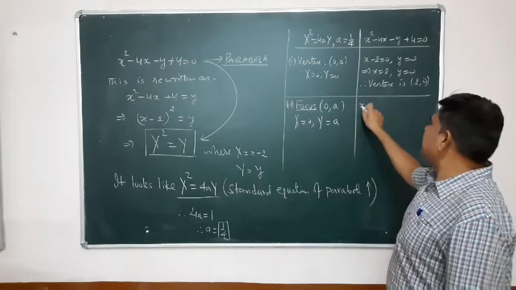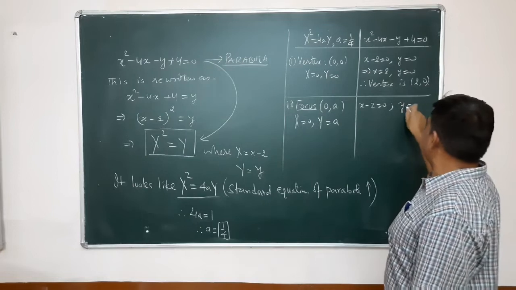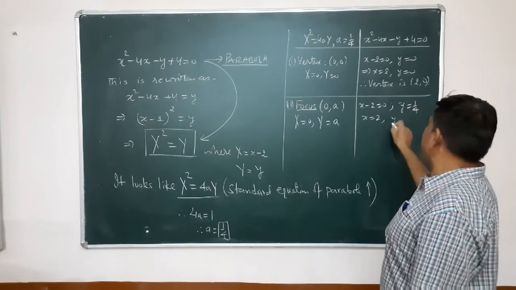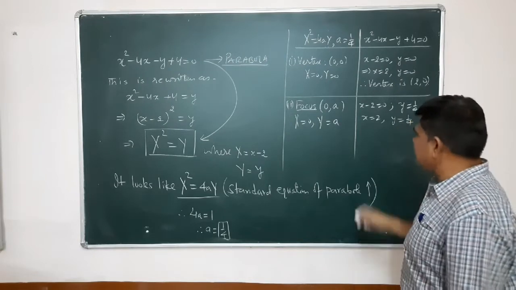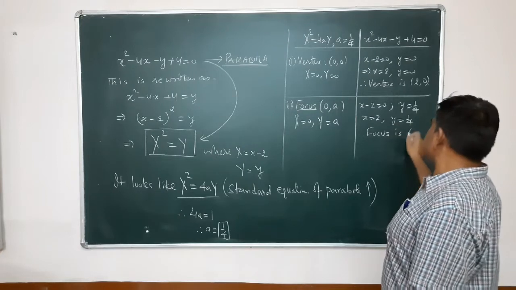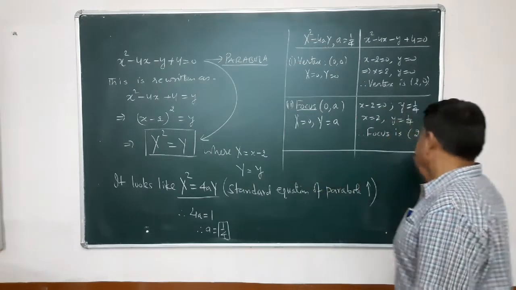So x minus 2 equals to 0 and small y is 1 by 4. That is x equals to 2, y equals to 1 by 4. Therefore, focus is 2, 1 by 4 because this is the point.